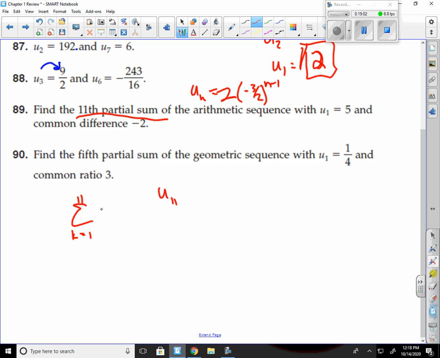We're going to find that by using our equation, u sub 1, so 5 plus n minus 1 times negative 2, because that's our common difference. So we do that with 11, 5 plus 11 minus 1 is 10 times negative 2. Negative 2 times 10 is negative 20, plus 5 is negative 15.